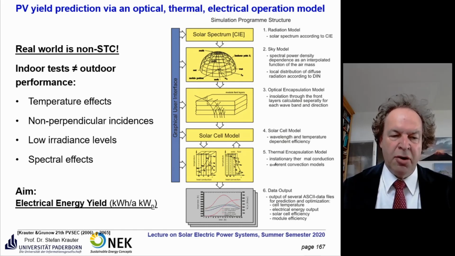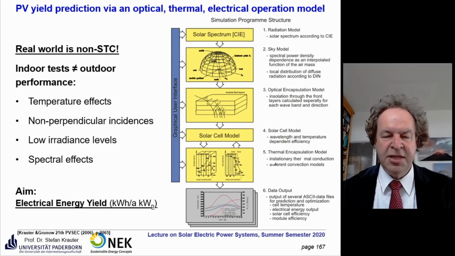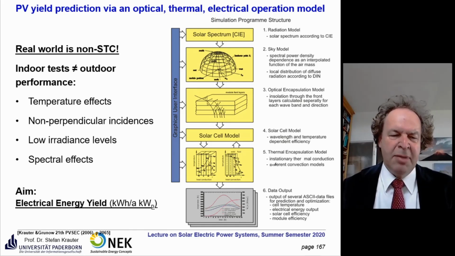And I've mentioned spectral effects already, which depend on the position of the sun and the location where you put the modules. But usually these effects are quite small, though sometimes you can gain a little bit if you consider them. So the aim is to get the electrical energy yield in kilowatt hours per year.